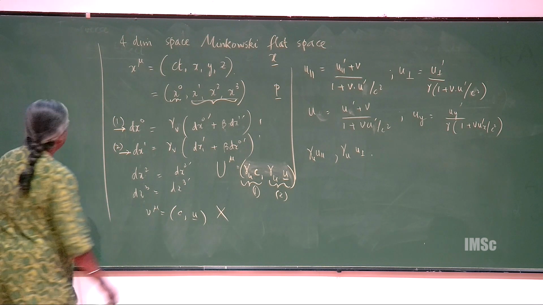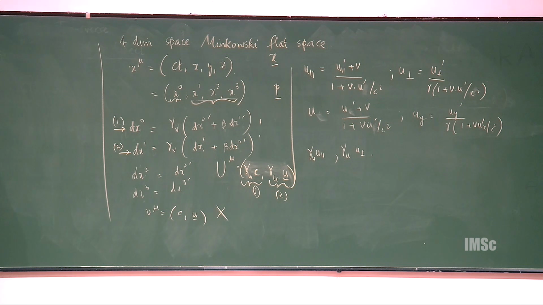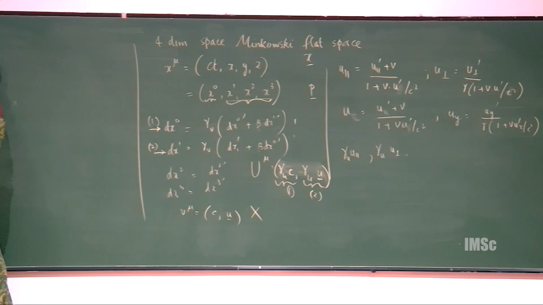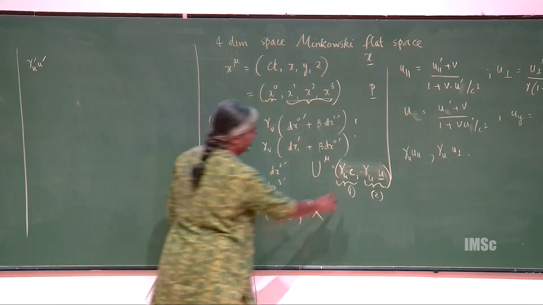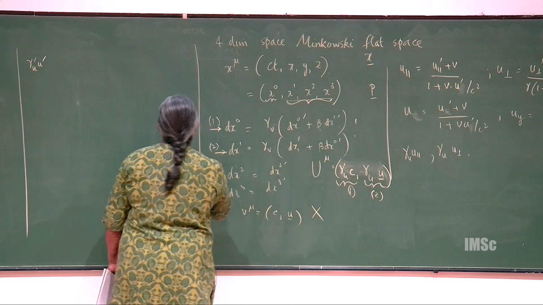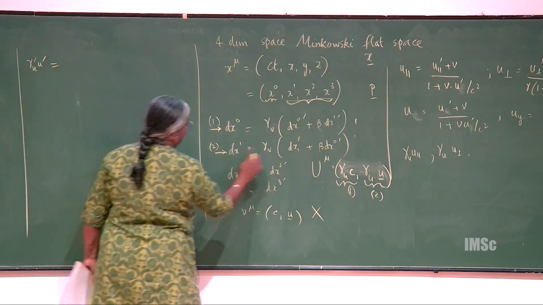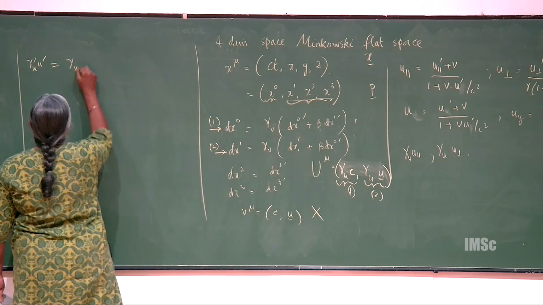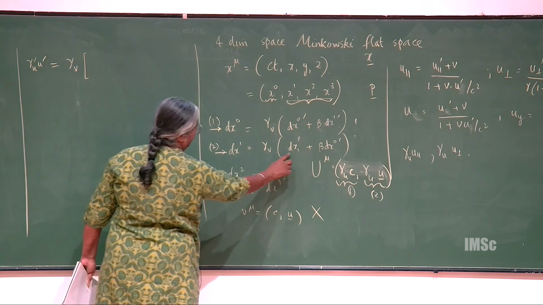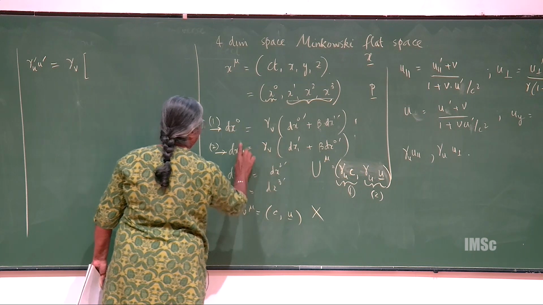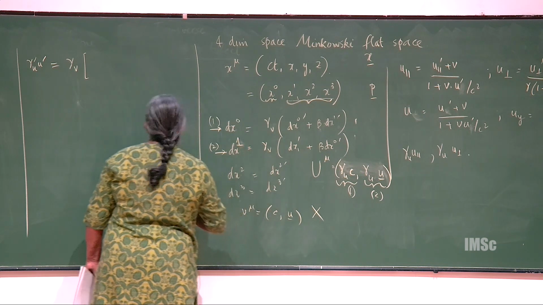That means gamma u prime is equal to gamma v into, so sorry, dx 1. So let me write the other way around.